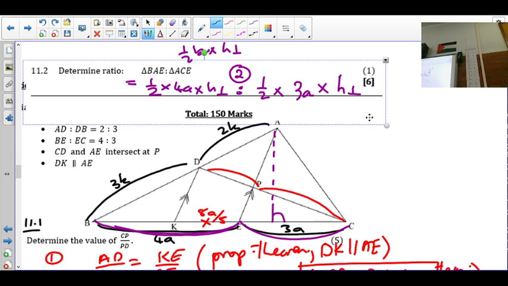I divide by half, that cancels. I divide by the A, that cancels. Divide by perpendicular height. So from here, the answer is simply 4:3.